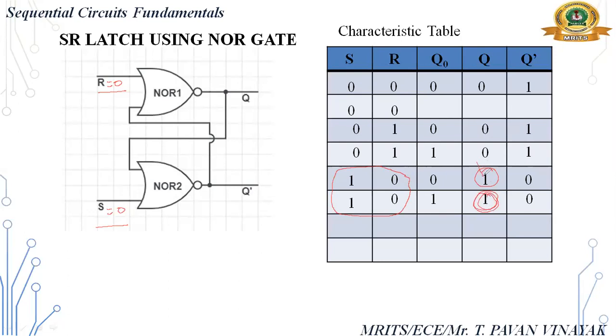So this value will go here, meaning Q naught is 1. So I am putting Q naught as 1, and it comes here. Q naught is 1 means Q naught bar is 0. Here we get 0.